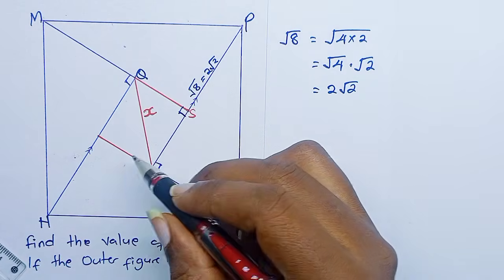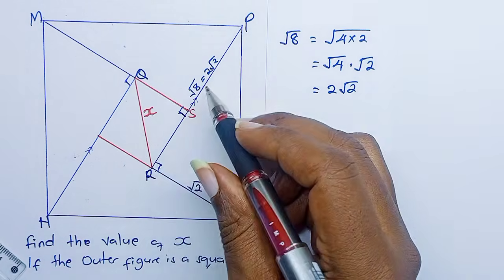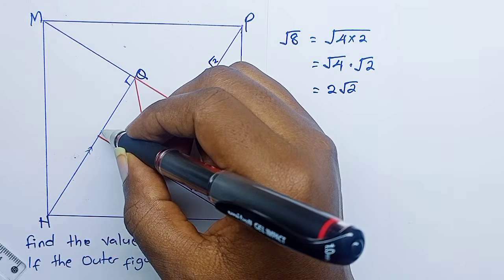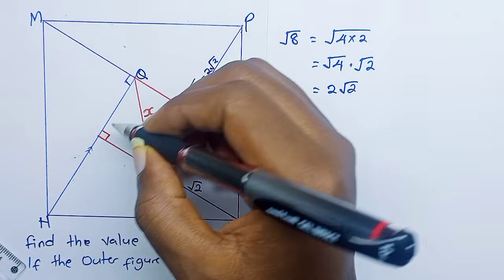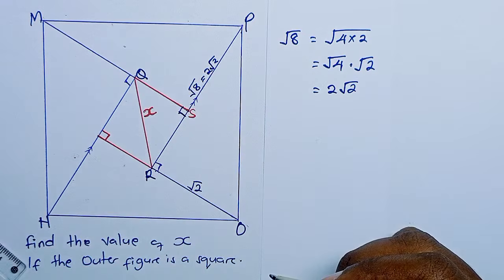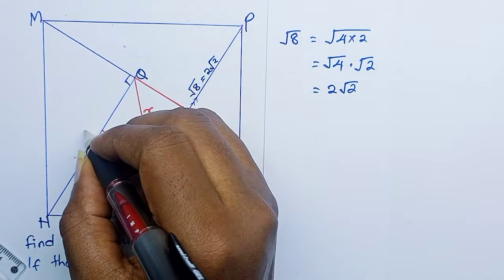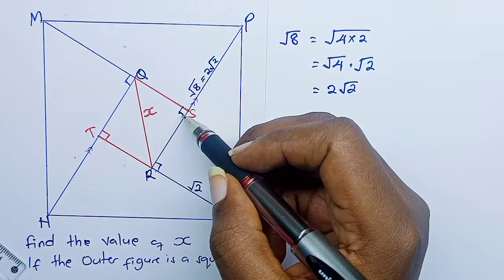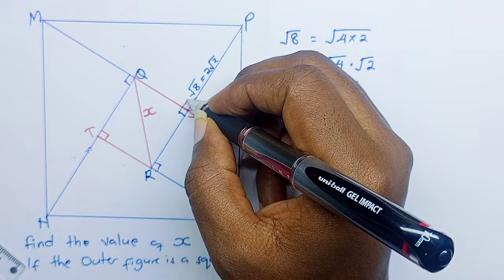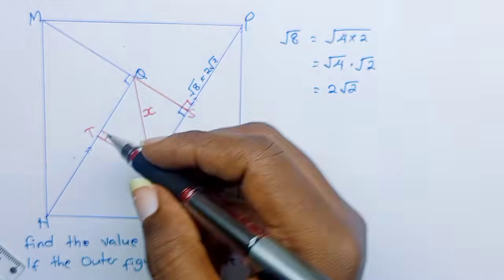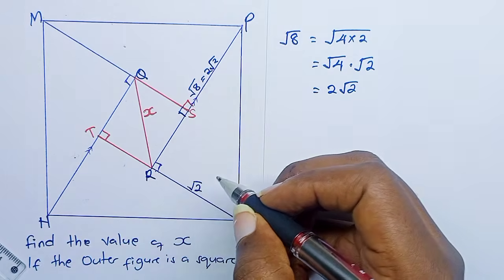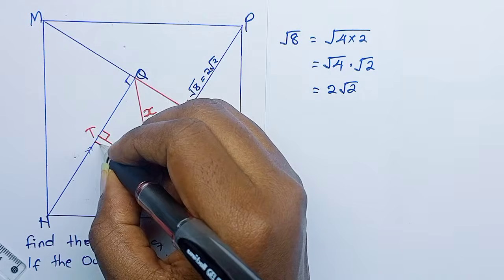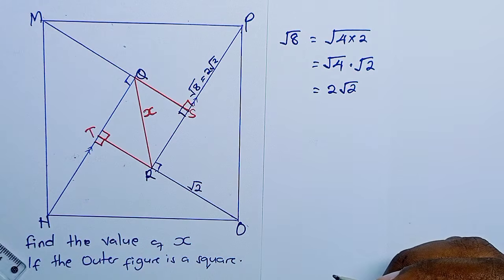Therefore, if this transversal forms 90 degrees on this first line, it will also form 90 degrees on this line. So this is 90 degrees. Let me call this point T. So if this is 90 degrees, this will also be 90 degrees, and this here will also be 90 degrees.